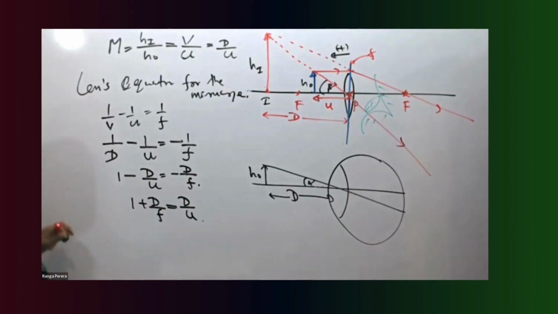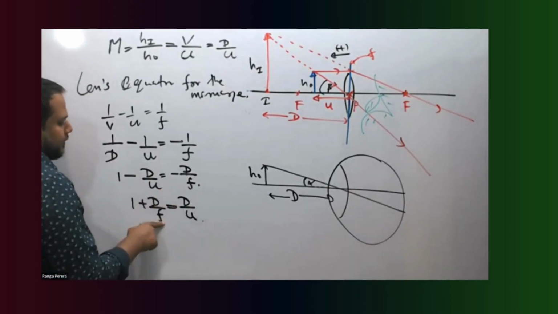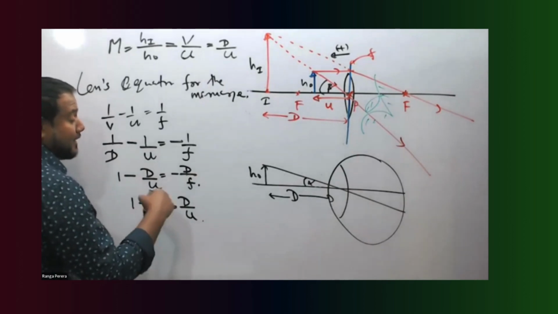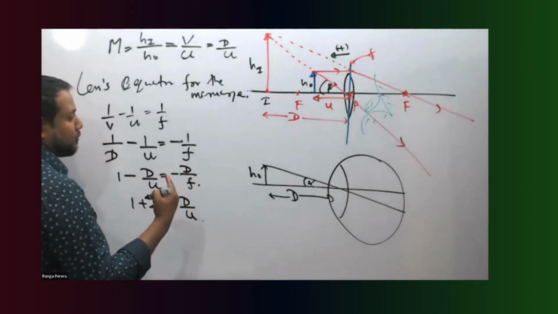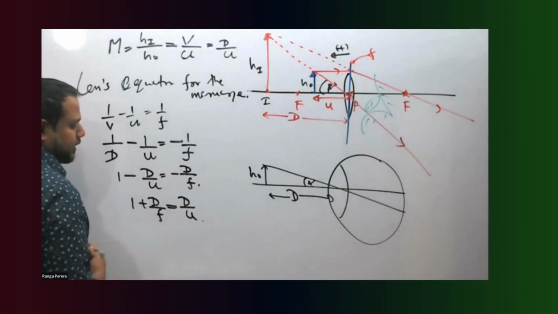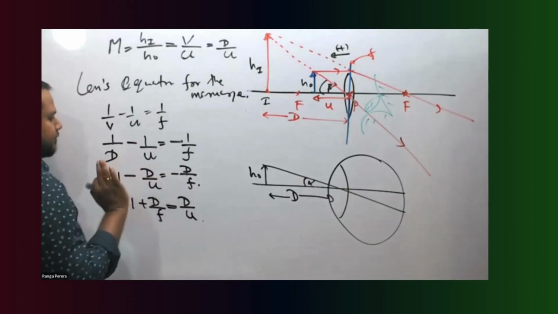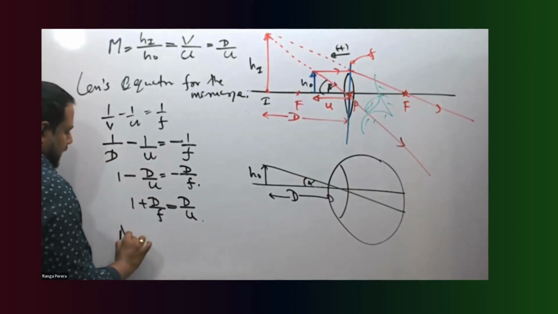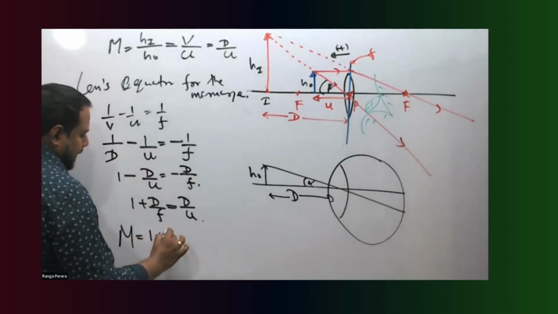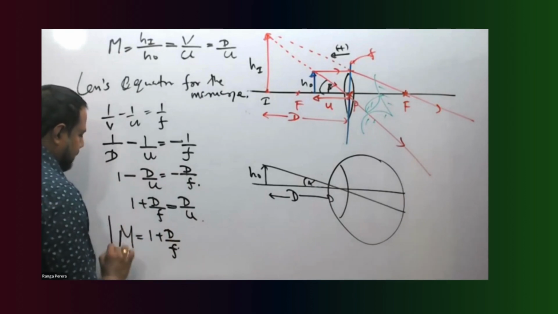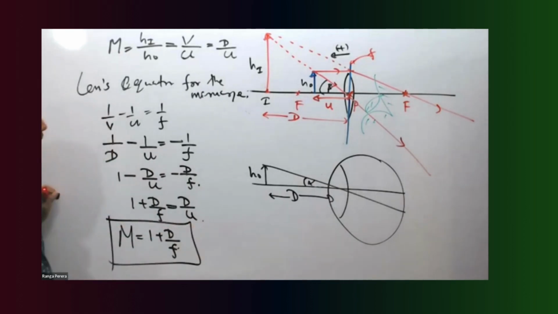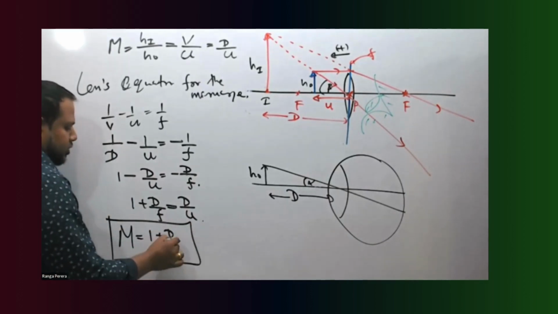So it is very clear D is a known value. The focal length is also a given value. Normally the microscope focal length will be provided. For a simple microscope, they will tell you. So with that, we can find the magnification value. Capital M now equals 1 plus D over F. Remember this, don't forget. For the MCQs, you need to remember this.